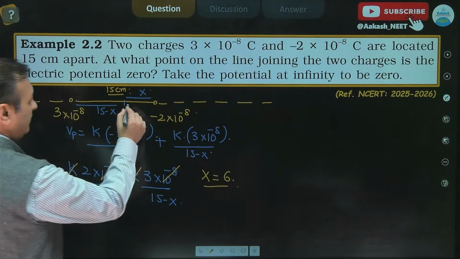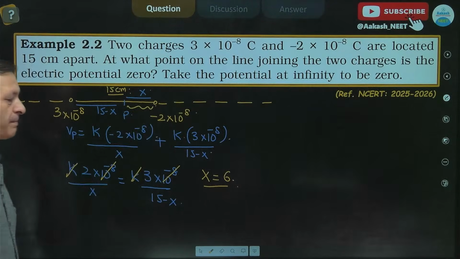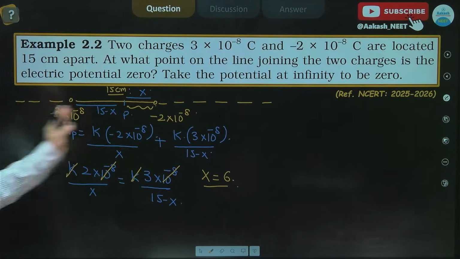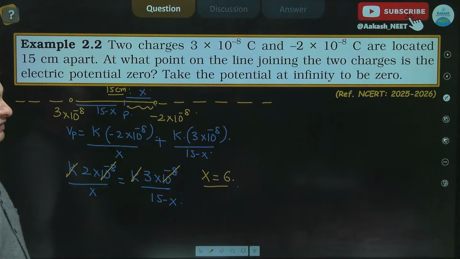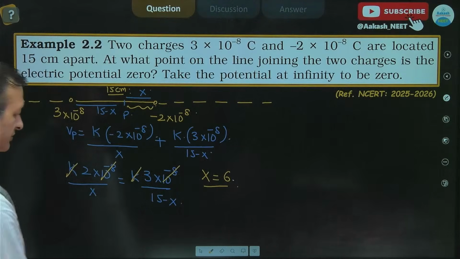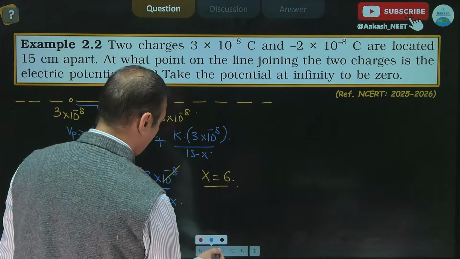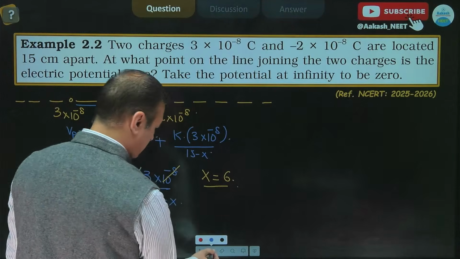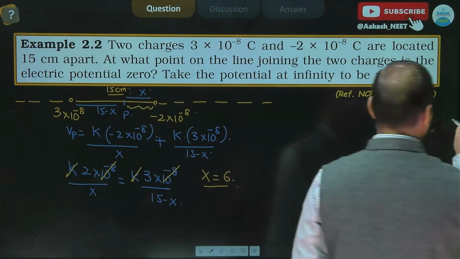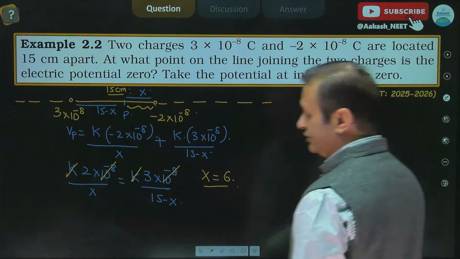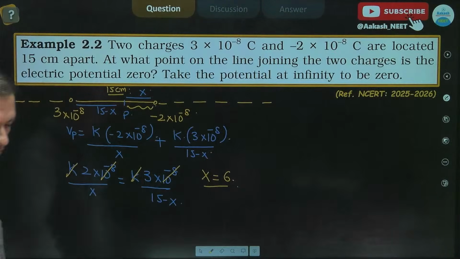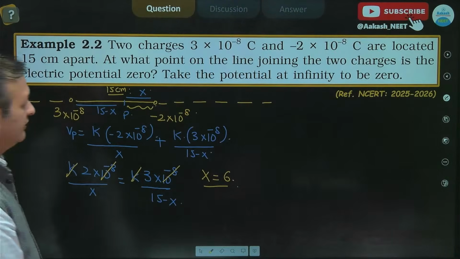So this is 6. Now can we have any other point on this center line, on this axial line of these two charges? I think we can find one more point, and that is outside these two charges. Can you find a point that is outside these two charges?